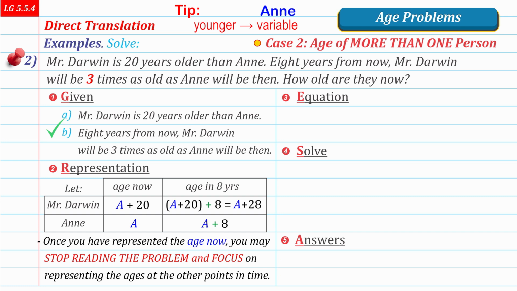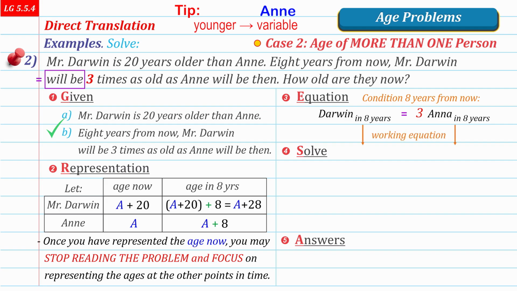Looking at fact B, the condition 8 years from now, it says here that Darwin's age in 8 years will be, which means equal sign, 3 times Anne's age in 8 years. So this will be our basis for the mathematical equation we're about to create. So looking at the table, we can now substitute these ages from the values represented according to the table.